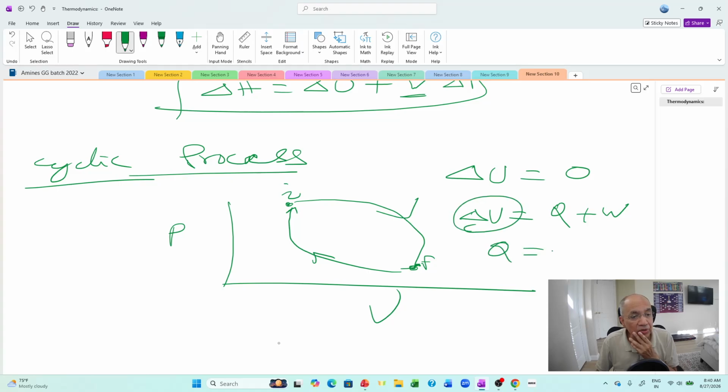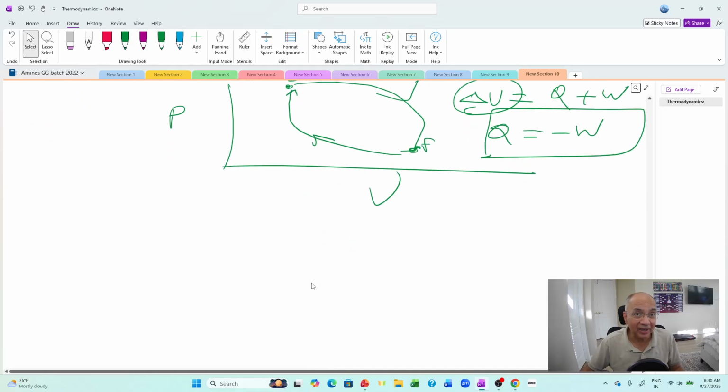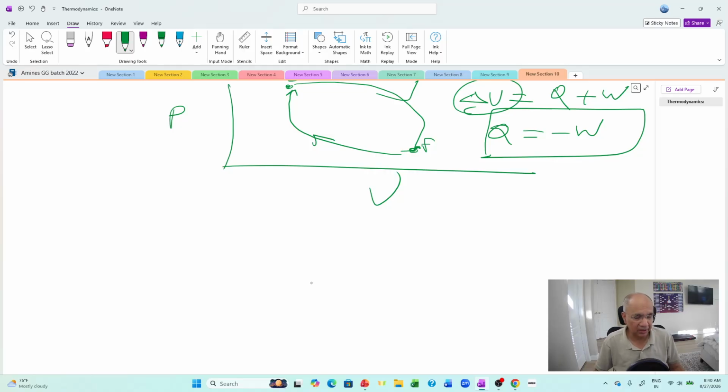So Q is equal to minus W, or W is equal to minus Q. That is definitely similar to the isothermal process. Remember this. We shall be doing a lot of problems on cyclic processes containing minimum 3 or 4 steps to come back to the original state.